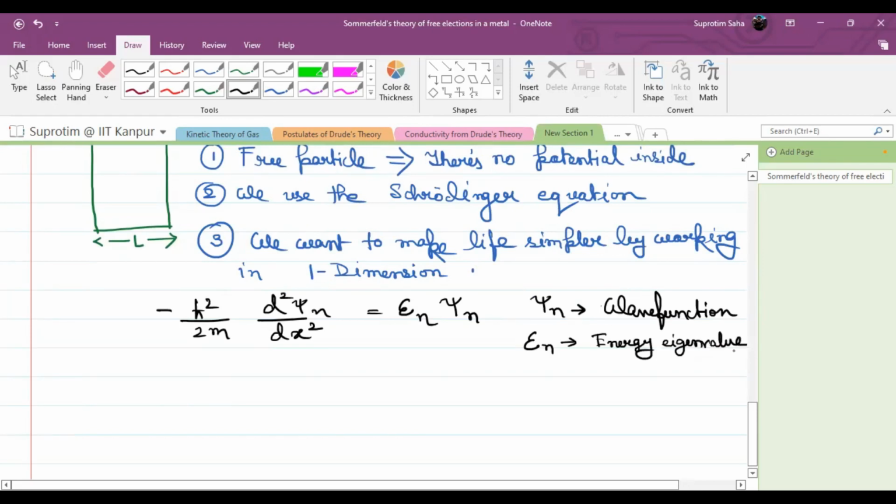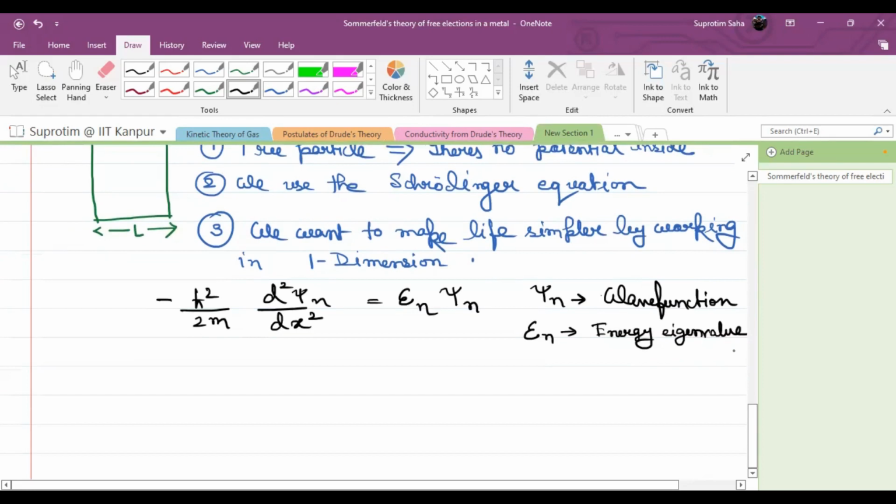All right. Solving this, we get the solution of psi n as A times sine n pi x over L.